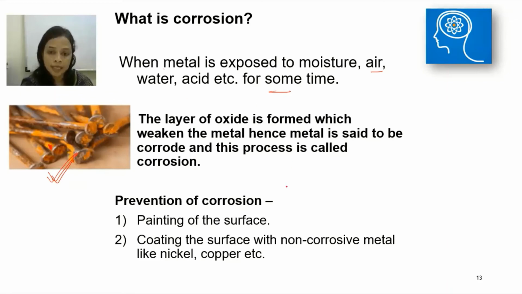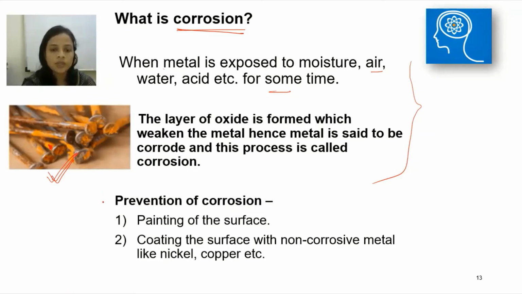This complete process is known as corrosion of the metal. If the question is asked in the examination, what is corrosion, then you have to write all these points. An example is corrosion of iron nails, or iron sheets.